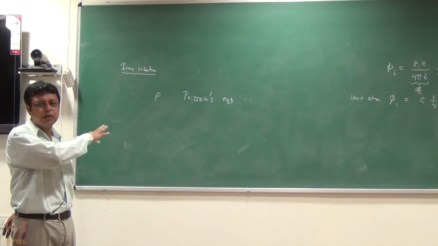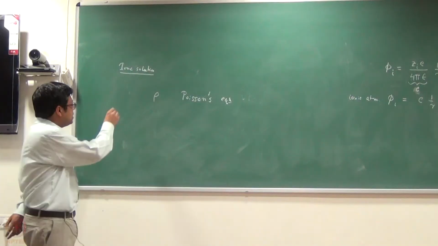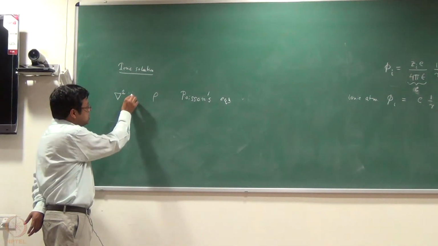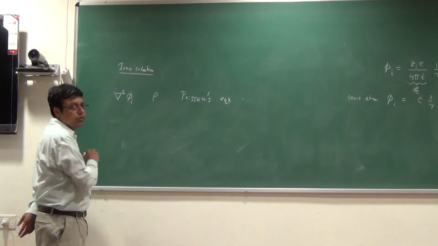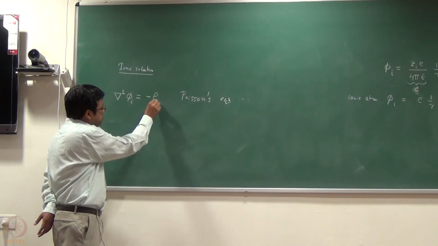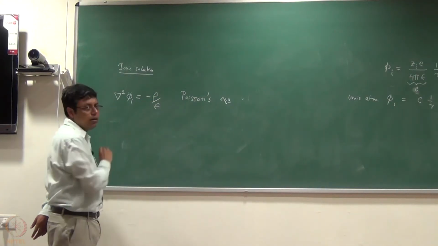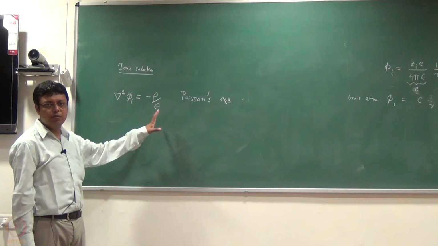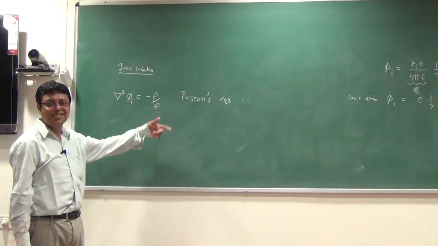It's basically vector calculus. It says that if I take the del square of this phi, I should get the negative of the charge density divided by the permittivity. This we are just taking as it is. I'm not going to derive this, of course, because it is a lot of discussion.